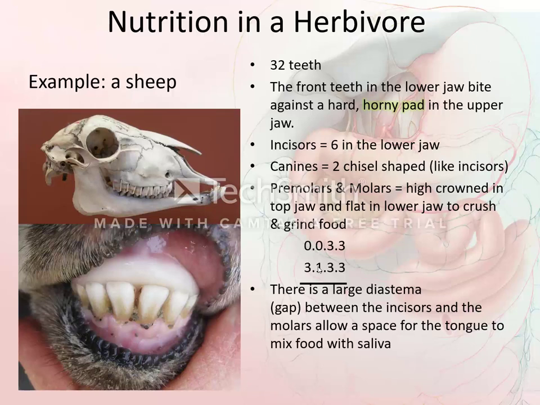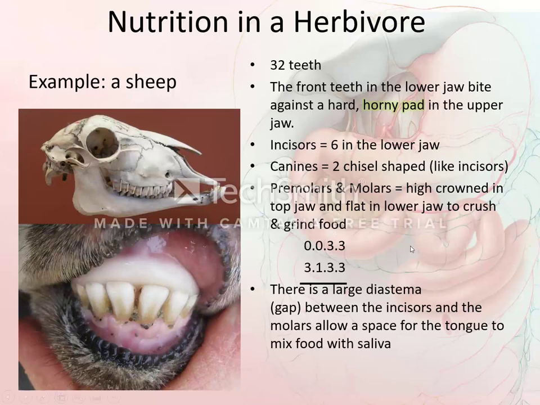Never, ever, ever, ever. Or how many incisors or how many canines they have. This is just for you to understand that, compare 0 0 3 3 with 2 1 2 3, and you can see that the nutrition is different between a carnivore and omnivore and a herbivore, for example. All right.